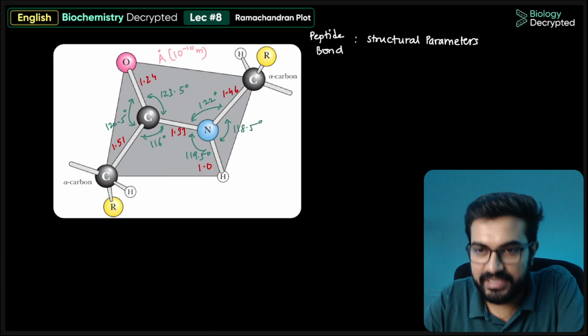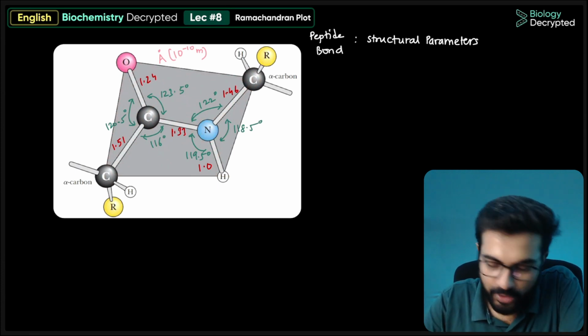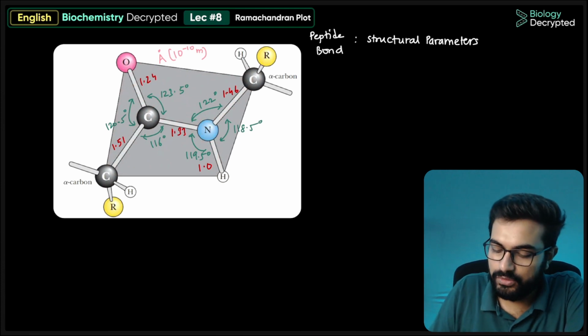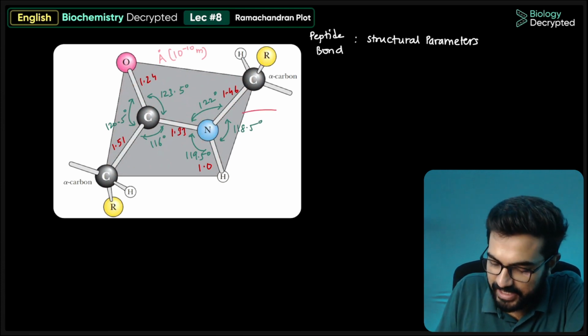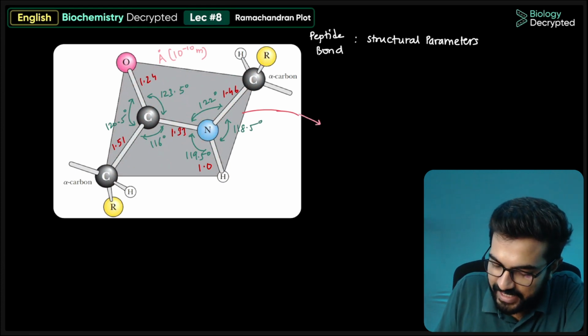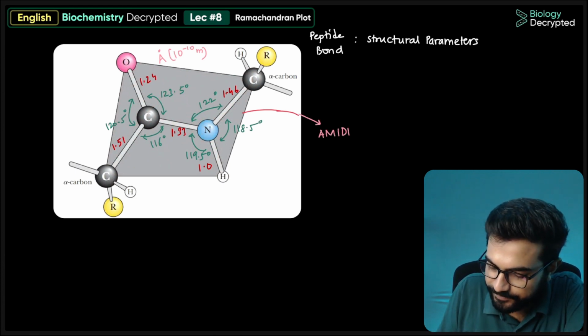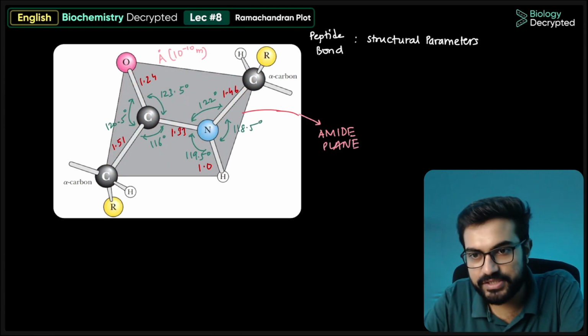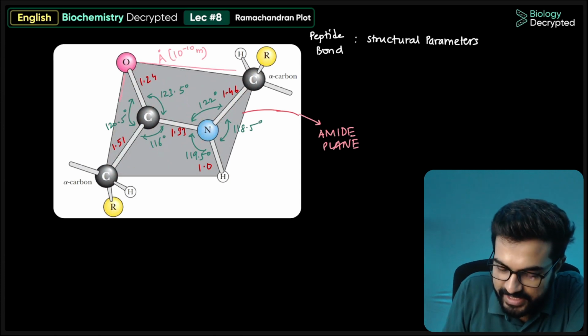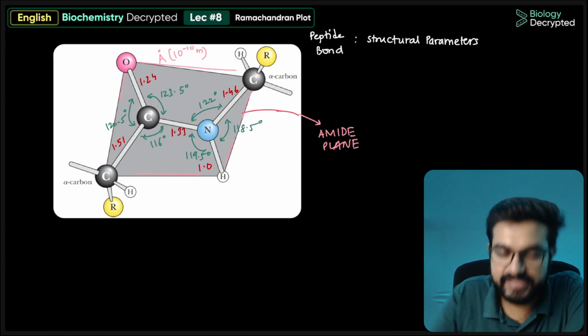In a very generic sense, since we know that peptides are amides, we'll call this the amide plane. As you know, it's a planar structure. So this whole plane is known as the amide plane.